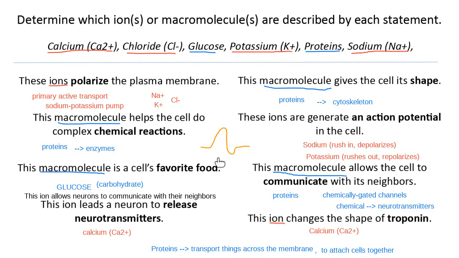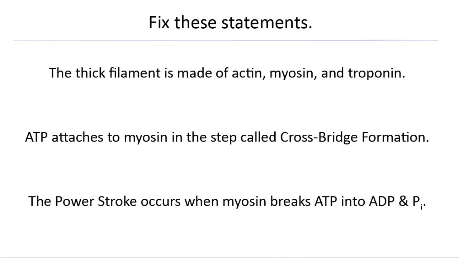Yes, so this would be a good time to switch over to talk about our statements here, because we mentioned the protein troponin, and we also mentioned the protein tropomyosin. When we're talking about muscle contraction, think about troponin like a pushpin protein.